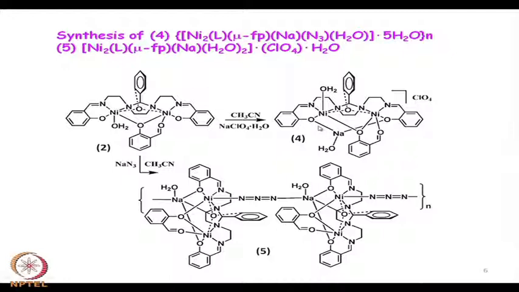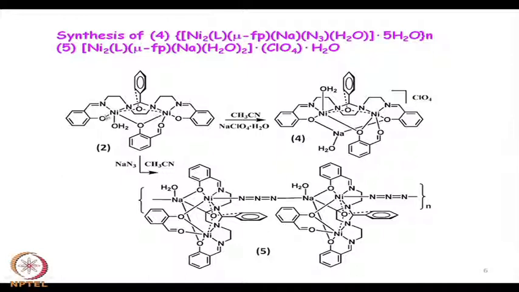Crown ethers are well known, you all know. The crown ether type of coordination we all know. If you have 3 oxygen atoms in a cyclic crown ether type of arrangement, it nicely binds your sodium or the potassium ion. That sort of situation is possible with your dinickel compound, because you have these 3 oxygens.